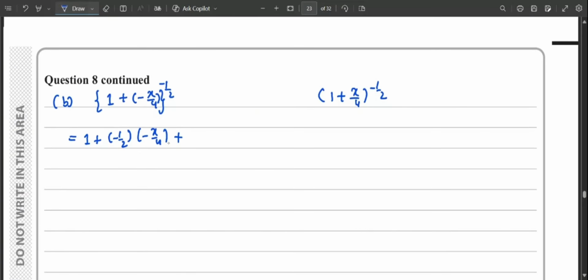Now this is just to show that the only thing that changes, if I need to compare, in part A, the expansion we had was 1 minus x by 8 plus 3 by 128. So the only term that was affected by this change was our second term.